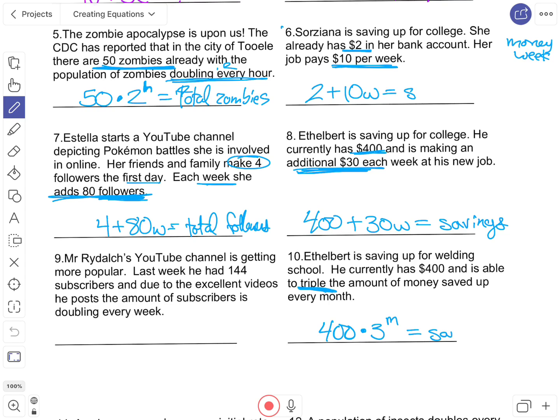And that's going to be his total savings. So notice again, when we are dealing with addition here, it's multiplication, because repeated addition is multiplication. When we're dealing with repeated multiplication, we have an exponent. Very important to pay attention to those 2 different things, okay?